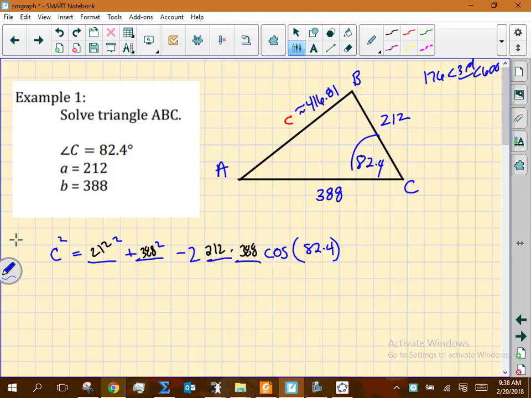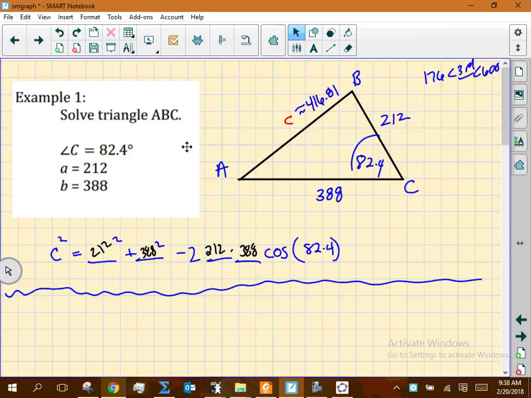Just for the sake of using the formula for law of cosines to find an angle, I'm going to use the law of cosines here. You have options. Once you start finding missing parts, you set off initially using law of cosines. You found one missing part. That actually opens up the door for you to now use the law of sines.